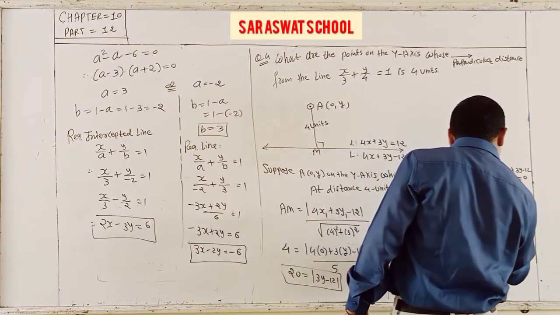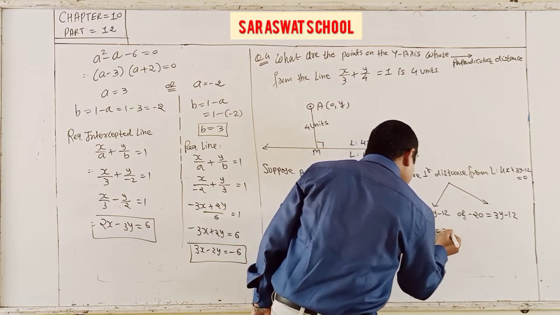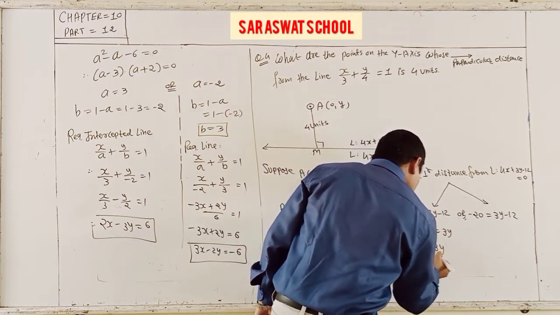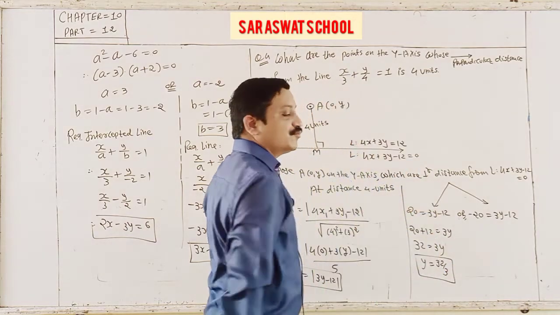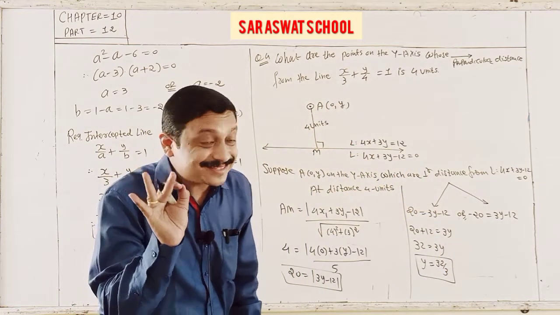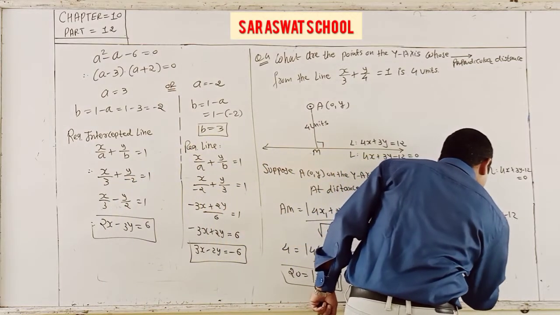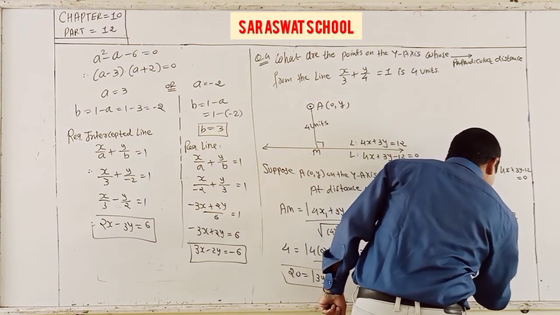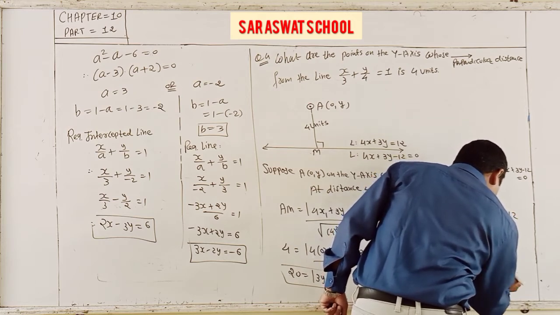3y minus 12. So my answer, students, here is 20 plus 12, it gets 32. So what is y? 32 by 3. That's your first answer. Similarly you can calculate the second one: minus 20 plus 12 gets minus 8, so y becomes minus 8 by 3.